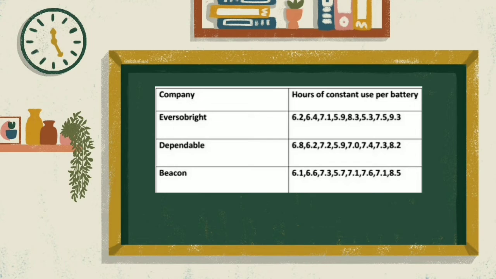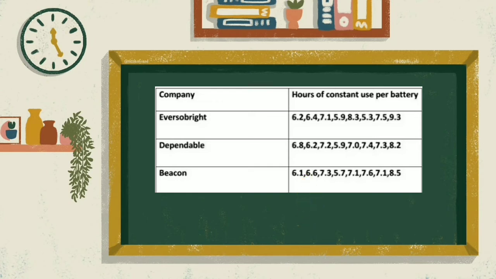And for the second company, which is Dependable, 6.8, 6.2, 7.2, 5.9, 7.0, 7.4, 7.3, and 8.2. And for the third company, we have 6.1, 6.6, 7.3, 5.7, 7.1, 7.6, 7.1, and 8.5.